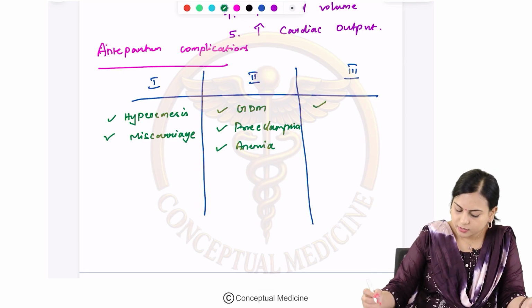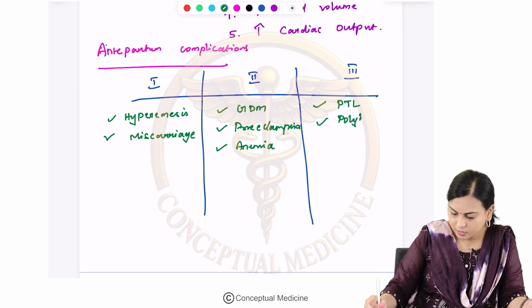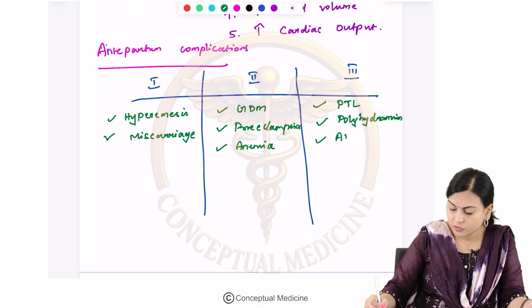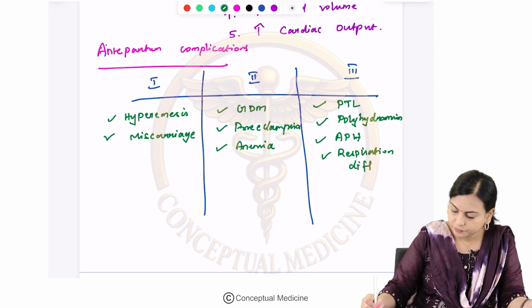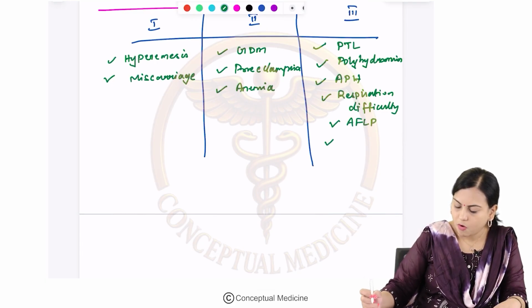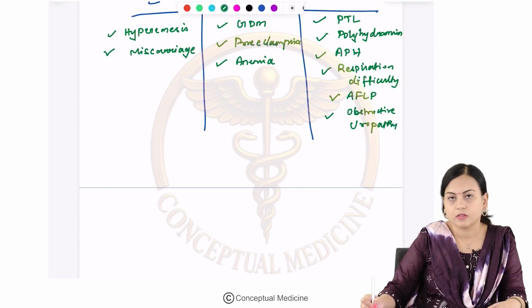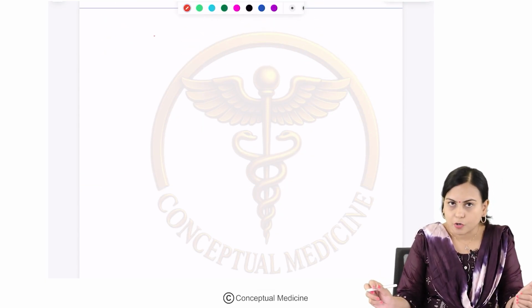In the third trimester, there are chances of preterm labor, polyhydramnios, more chances of antepartum hemorrhage, respiratory difficulty, AFLP, and obstructive uropathy also.